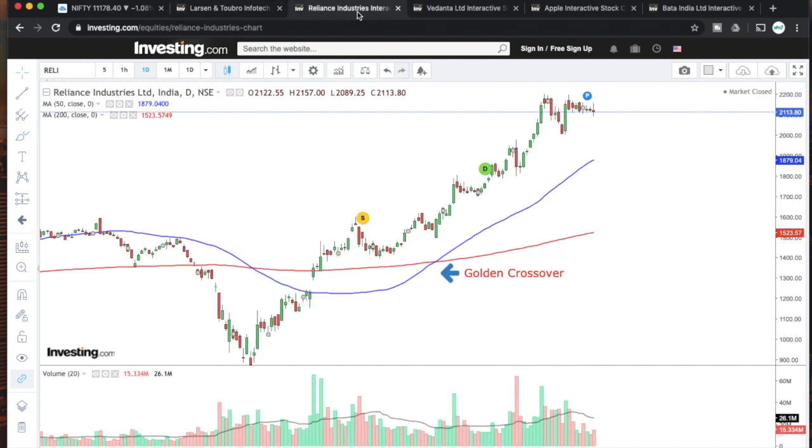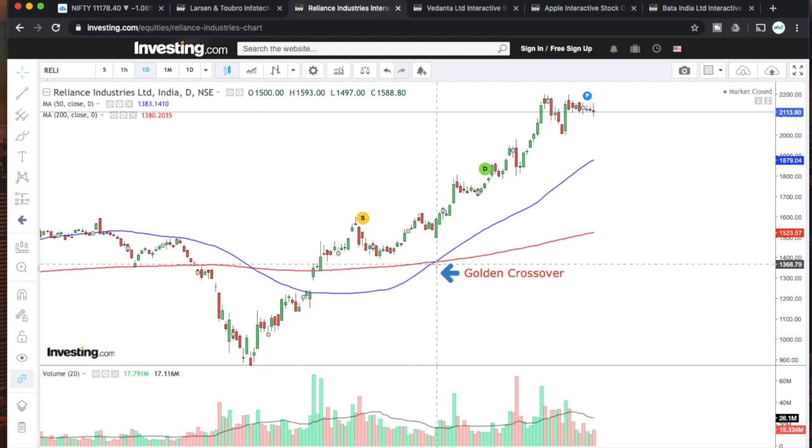Let me show you one or two more examples of the basic idea, so that we can then get into the advanced strategies involved in the golden crossover. These are the charts of Reliance Industries, again on the 1 day time frame. We had a golden crossover on the 12th of June 2020. A lot of events were happening at Reliance, the AGM, etc. A lot of strategic deals happened, and this really fueled the rally in Reliance.